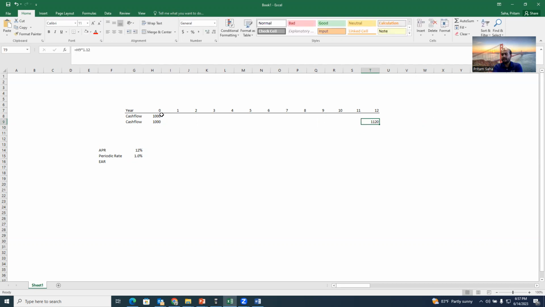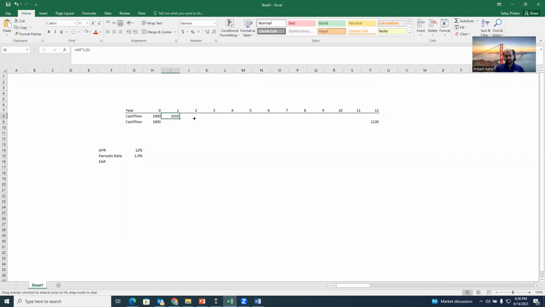This should be the end of 12-month value, because 12% APR and interest will be added annually. What if they say 12% APR interest will be added monthly? If this is the situation, end of each month, they will add 1% interest on your beginning value. So that means this times 1.01, right?